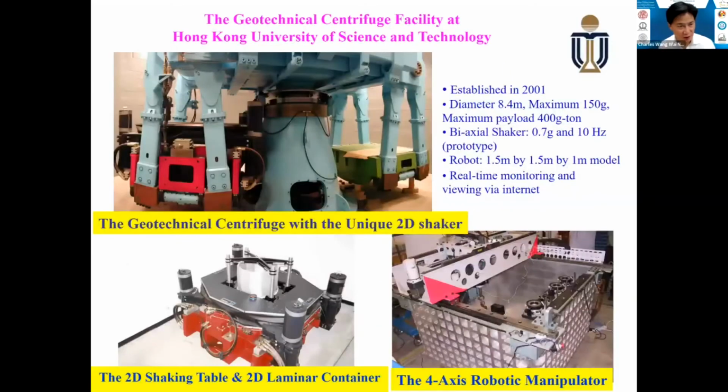Anyway, this is our centrifuge in Hong Kong, established in 2001, and it's a beam centrifuge. It spins at 8.4 meters in diameter and can run to 150 G. For earthquake problems, in 2001 we had the first biaxial shaking table mounted on a centrifuge, and we successfully did some tests and published in different journals.